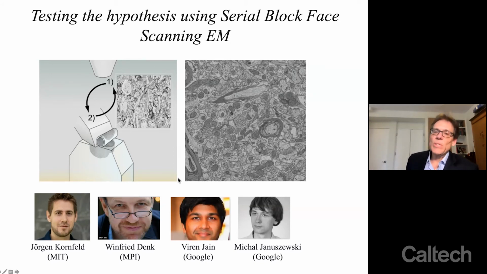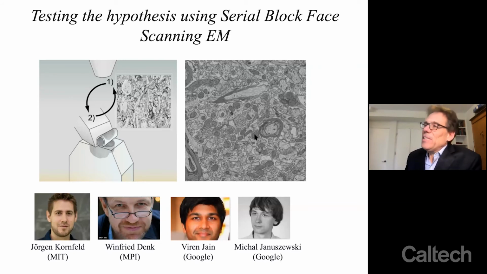So Jürgen, when he was a graduate student in Winfried's lab, carried out serial block face electron microscopic imaging of two samples of Area X tissue. One was a cube about 100 microns on a side, and the other one was roughly 300 microns on a side. Now, as you know, in this method, one takes an EM image of the surface of a block of EM stained and embedded tissue, and then shaves about 10 nanometers off the surface, images again, slices, images, and so on.